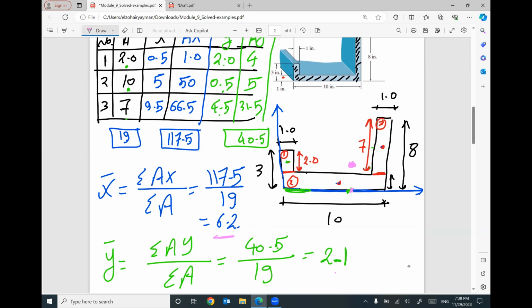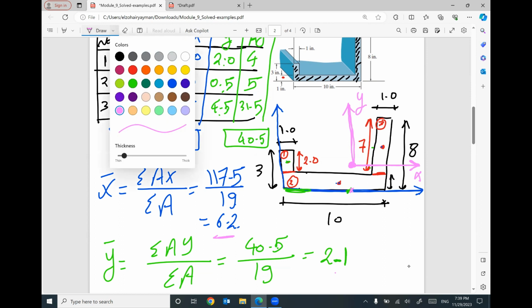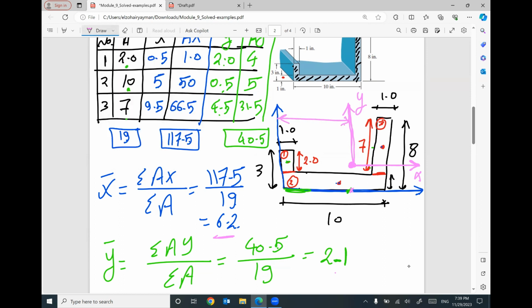So here is the centroid for the whole area. And I can put the x-axis here. And I can put the y-axis here. Keep in your mind, this horizontal distance equals 6.2. And this vertical distance equals 2.1.